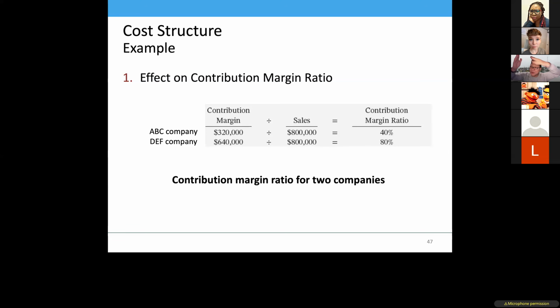It's harder to break even if your fixed cost is higher. And if you have a lower fixed cost, it's easier to break even. You have less risk, right?